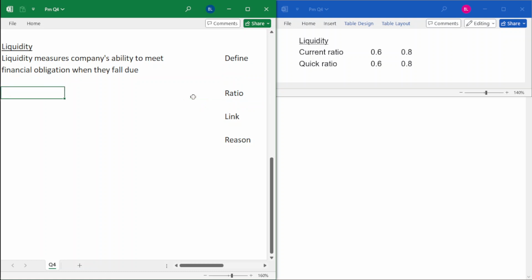So let's put the ratio. Current ratio and quick ratio, they are the same, right? So current ratio equals quick ratio. Why? The quick ratio is related to inventory, right?